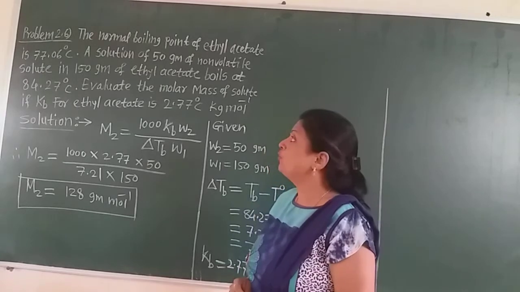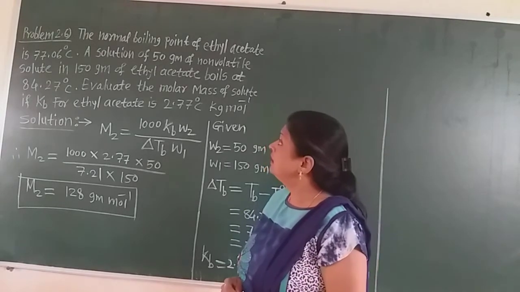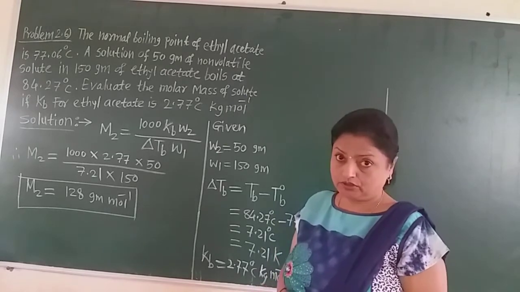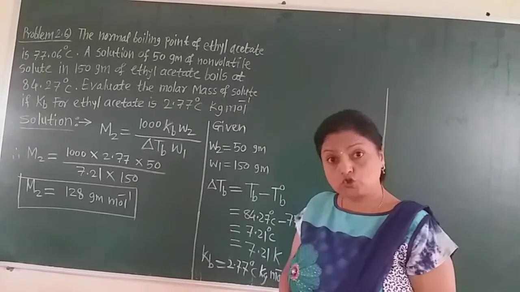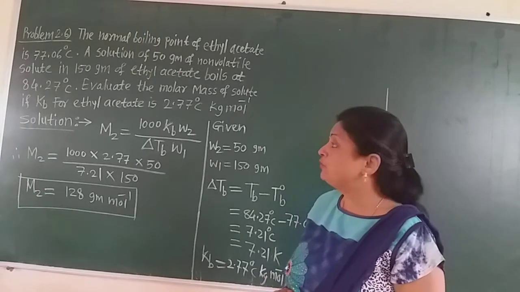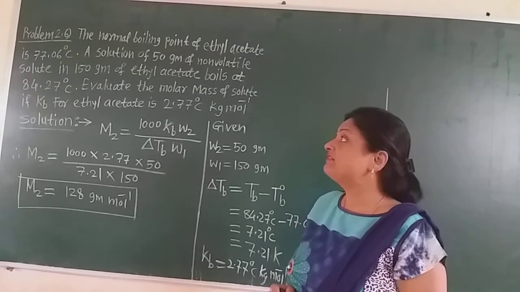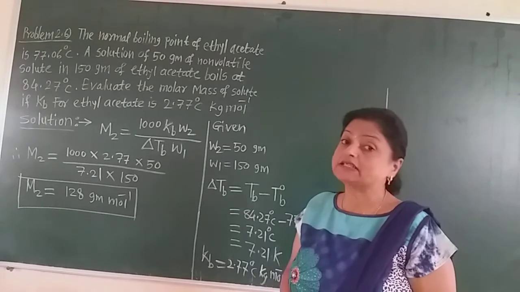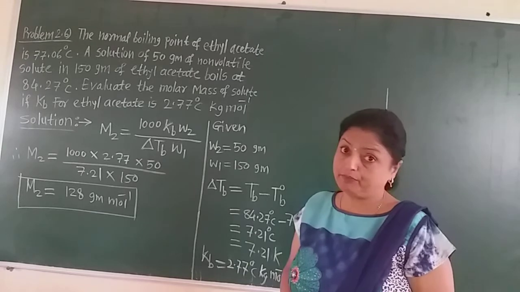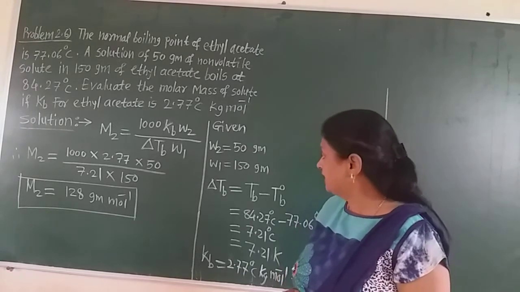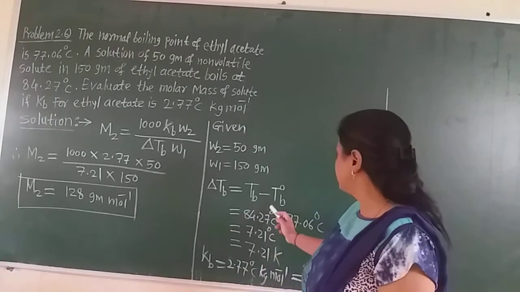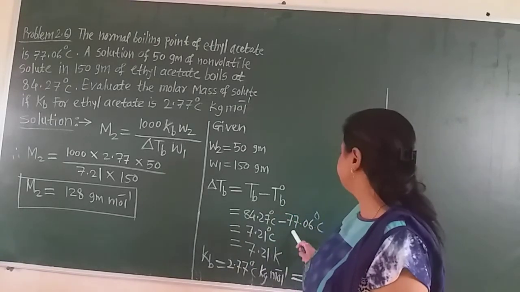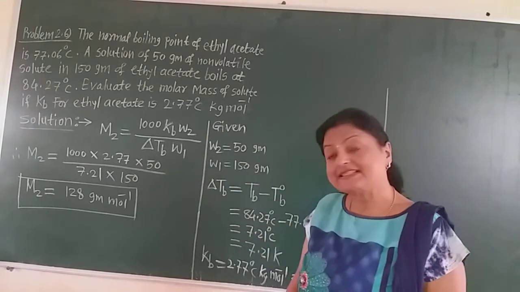Problem number 2.6: the normal boiling point of ethyl acetate, which is the solvent, is given as 77.06 degrees centigrade. Normal boiling point means the boiling point of your solvent, T0B, which is 77.06 degree centigrade.